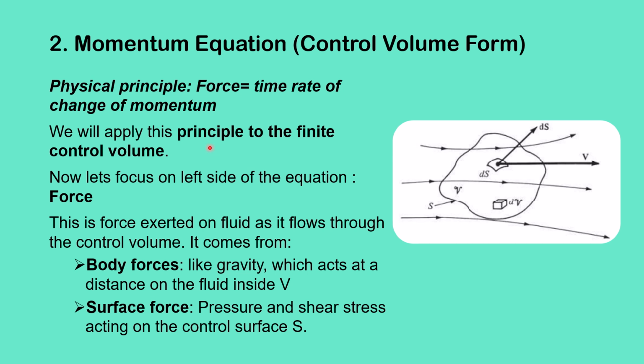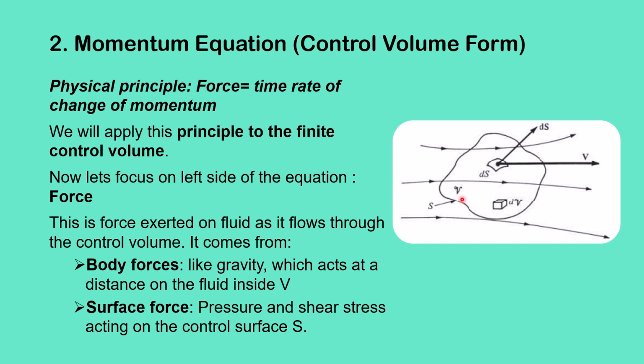The physical principle behind the momentum equation is force equal to time rate of change of momentum. We apply this principle to the finite control volume. Let me quickly explain this diagram. This represents the control volume. Here, dV is a tiny fluid element inside the volume. dS is a small surface area element on the control surface.